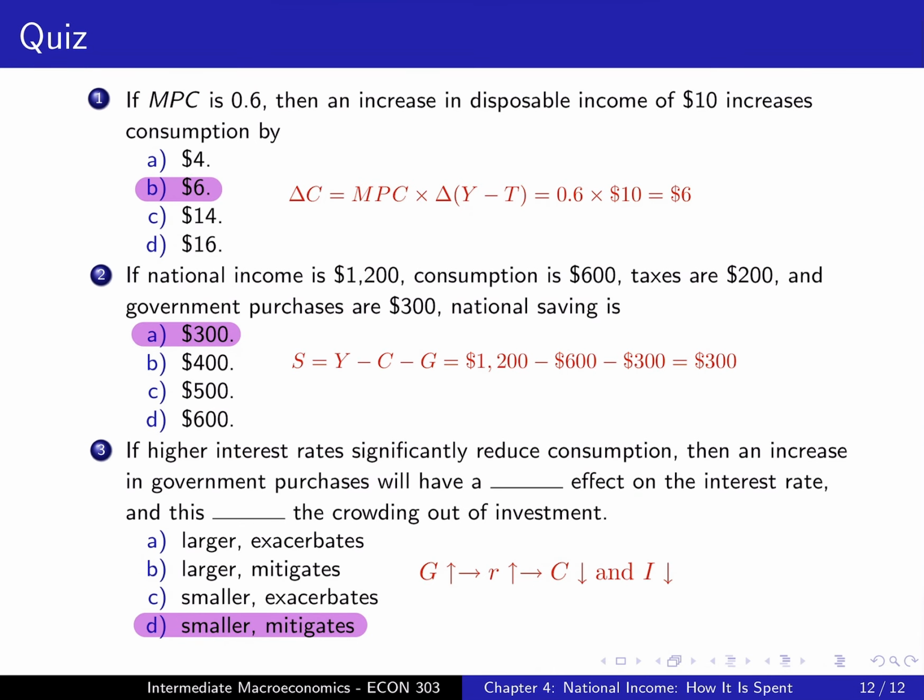In this chapter, we explore the main components of aggregate demand, consumption, investment, and government spending, and how they determine the allocation of national income in a closed economy. Consumption depends on disposable income. Investment responds to the real interest rate, and government spending is treated as exogenous.